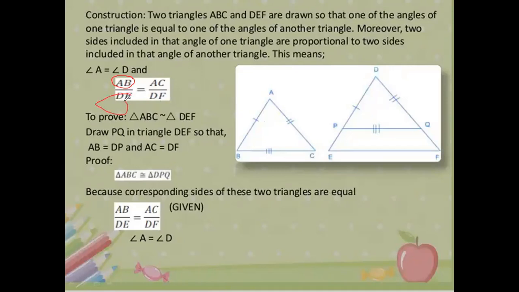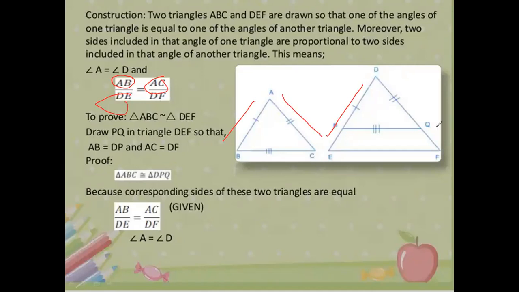So that means side AB is proportional to side DE. And the other side, side AC, is also proportional to side DF. So this side.